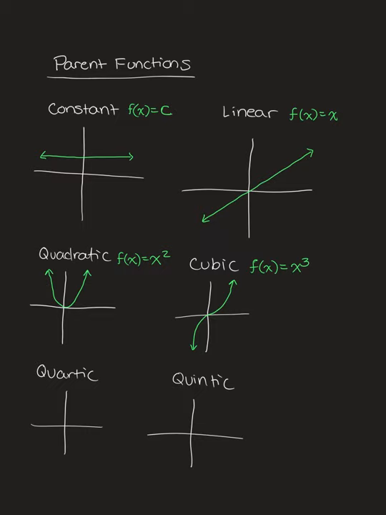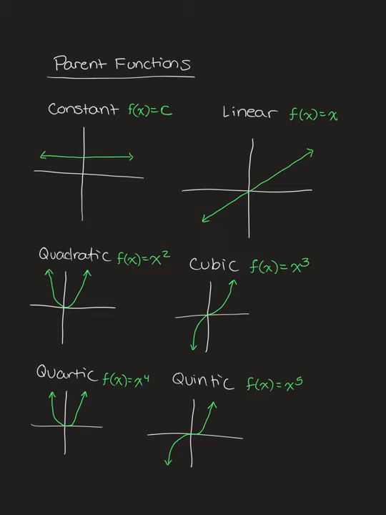A quartic, that is x to the fourth, and it's going to look very similar to the quadratic, except at the vertex there, it's going to be a little bit flatter, okay? Quintic, that is x to the fifth. It's going to look like x to the third, and again, at the origin there, it's going to be just a little bit flatter.